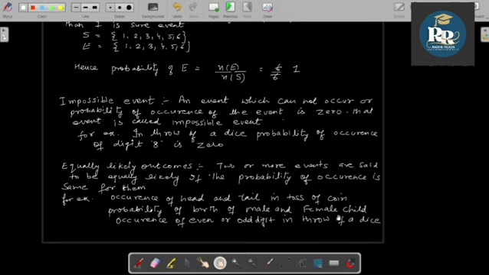Probability of birth of a male and female child, both have 50-50% chances. Occurrence of even or odd digit in throw of a dice: if I have E1 as the event of odd digit, then possible outcomes are 1, 3, 5, and E2 as occurrence of even digits, then possible outcomes are 2, 4, 6. So both have the same chances of occurrence. So probability of E1 is equal to probability of E2 equal to 1 by 2, right?